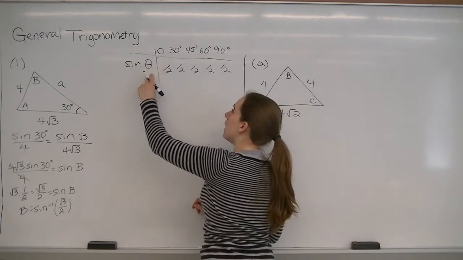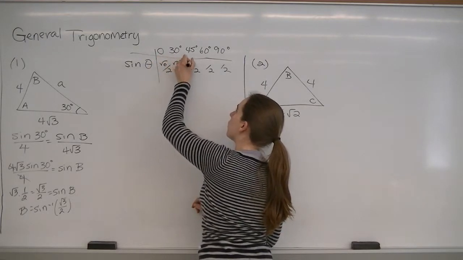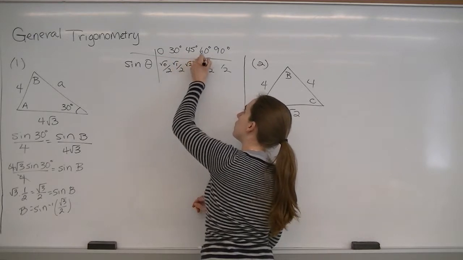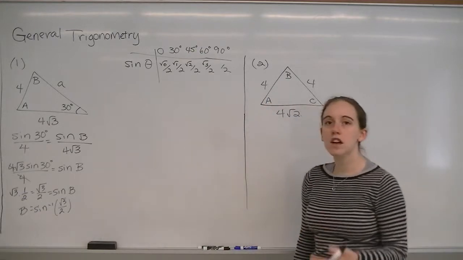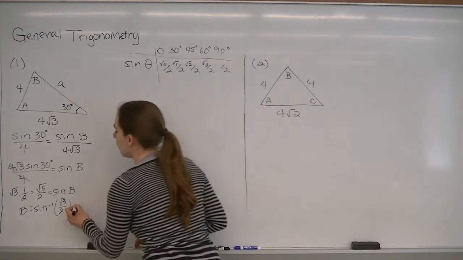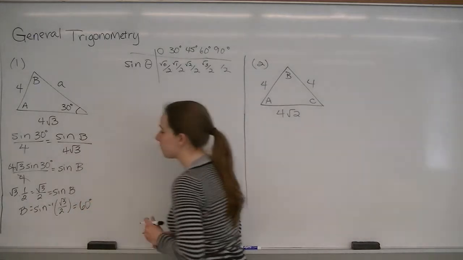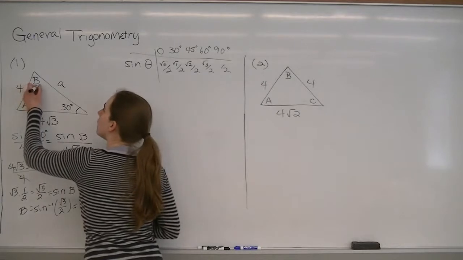So sine of 0 is 0, so I have the square root of 0, so then I count up the square root of 1 over 2, the square root of 2 over 2, the square root of 3 over 2. So at 60 degrees, we're going to reach the sine value we're looking for. So B is actually a 60-degree angle.